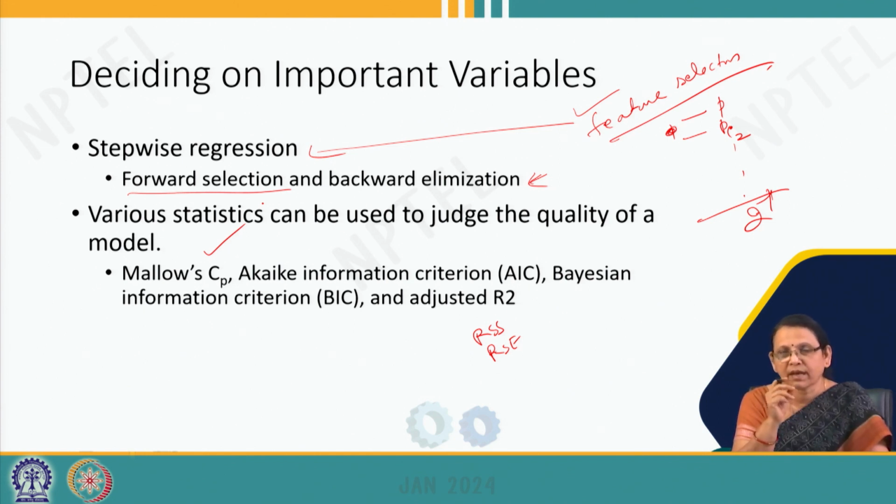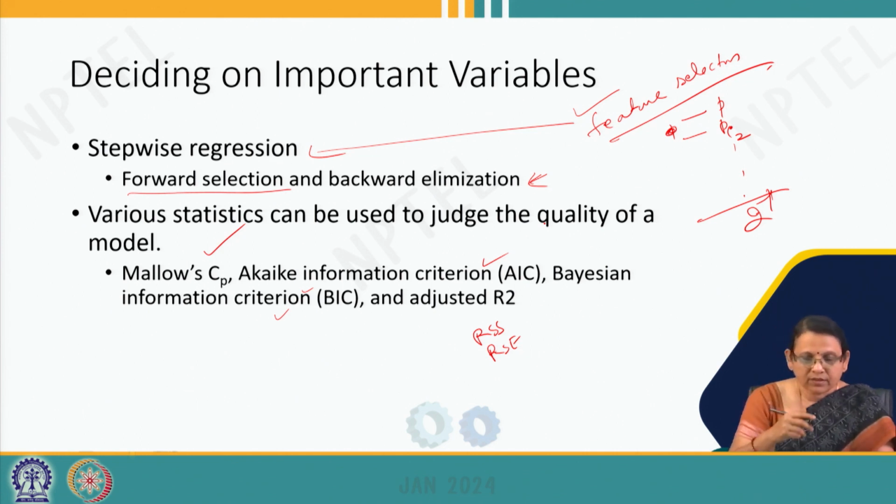These things we have also already discussed. All these values give some kind of penalty in terms of the number of attributes.